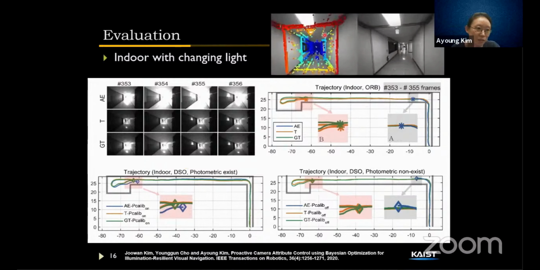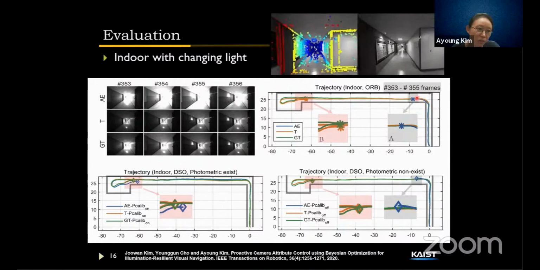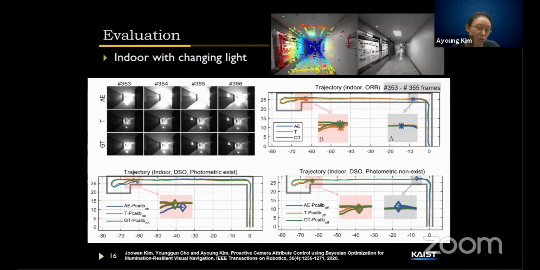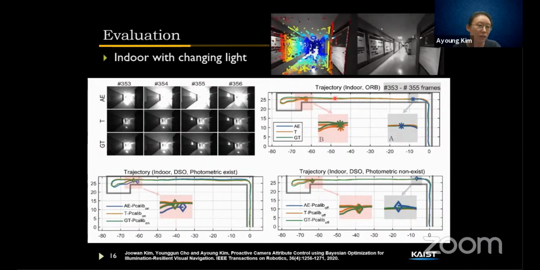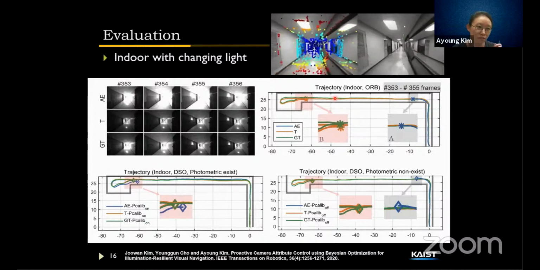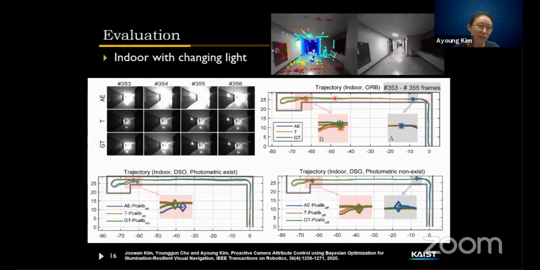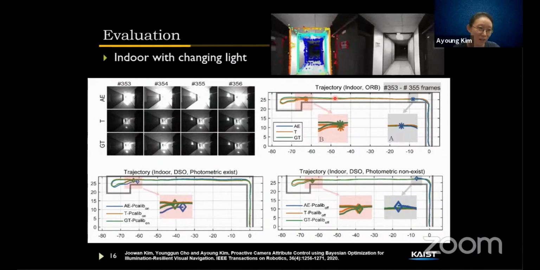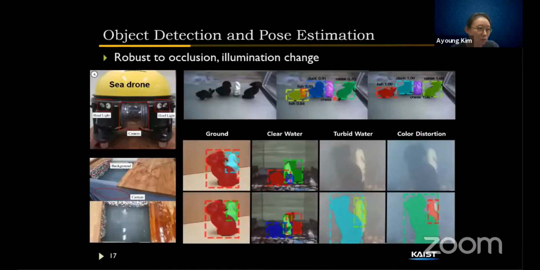Even in this kind of sudden change, other methods can break, but our camera exposure control can help us to robustly navigate through this environment. So this is really a very front end. You can apply our camera controller to your own camera, and depending on your application, it will help. So that was from the camera side, how we can improve our vision.